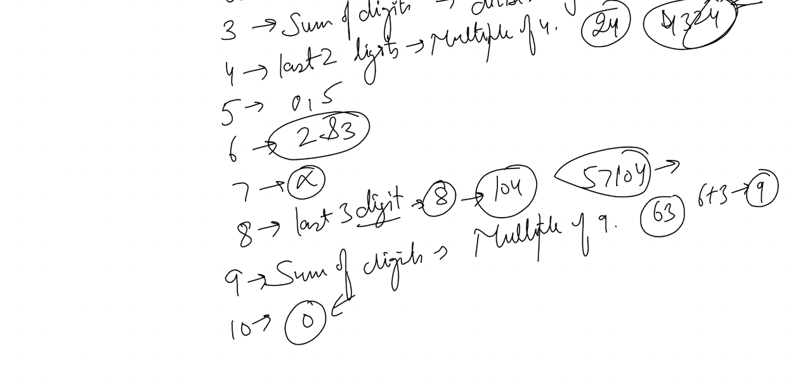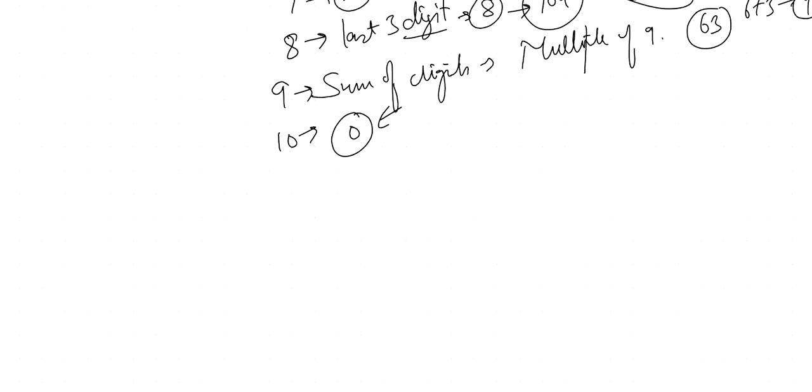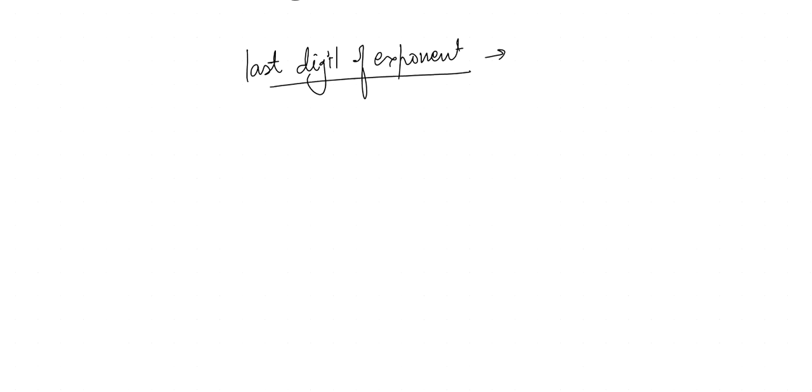Just one more thing before we move to questions, which is the last digit of an exponent. For example, the question is, what is the last digit of 3 raised to power 82?